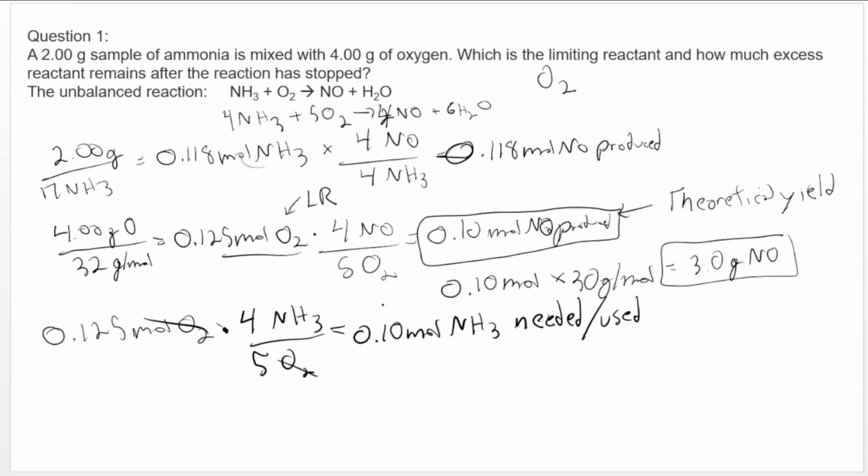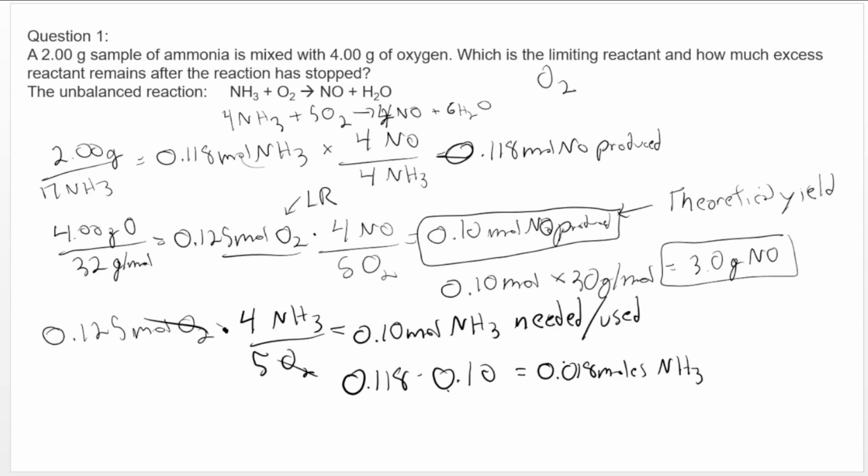So all we can do now is take the number of moles that we started out with, which was 0.118, and subtract that value. We have the moles we started out with, 0.118, minus the amount that we used up, would equal the amount left over. So 0.118 minus 0.10 equals 0.018 moles of NH3.